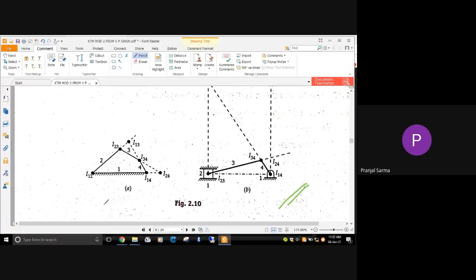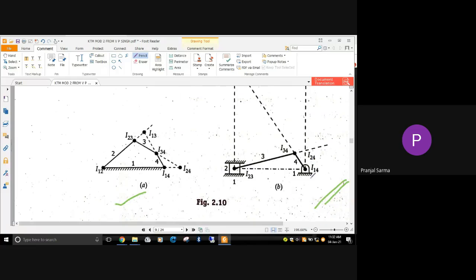What kind of mechanism is this? Four bar mechanism. Yes, correct, four bar mechanism. Suppose you have to find the instantaneous center for it using the instantaneous center method, and ultimately you are going to find the velocity and all.